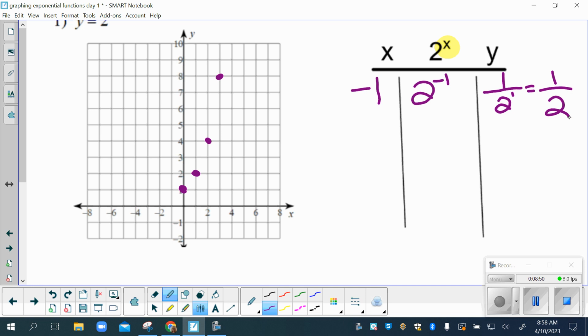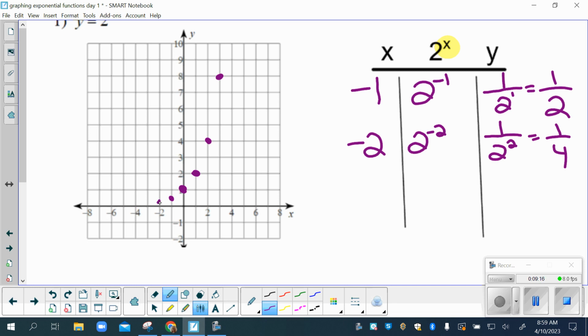So what happens now is I get a little baby fraction right there. And watch what happens on the next one. If I plug in -2, it's 2 to the -2, which puts it on the bottom, which is 1 over 2 squared, or 1/4. It's a babier fraction.